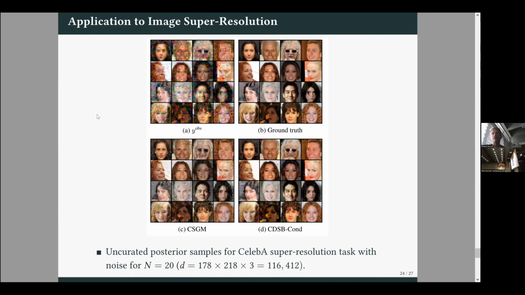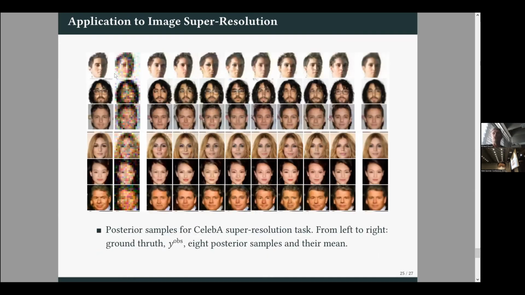Okay. So maybe another illustration, here is another example of super resolution. This is the original image. This is the degraded image I have. And here, this is our algorithm that generates at each iteration a sample from the posterior distribution.